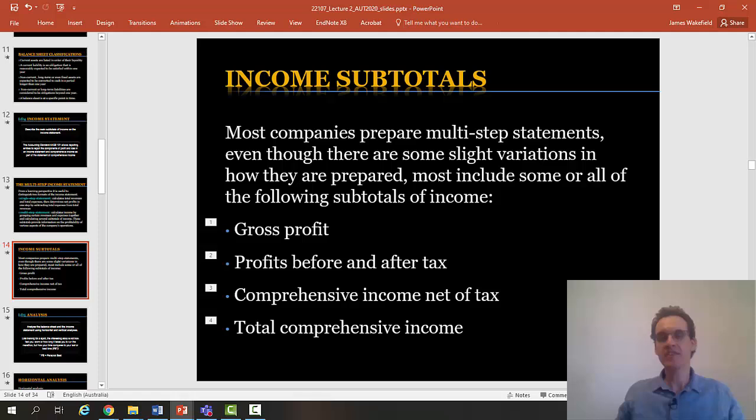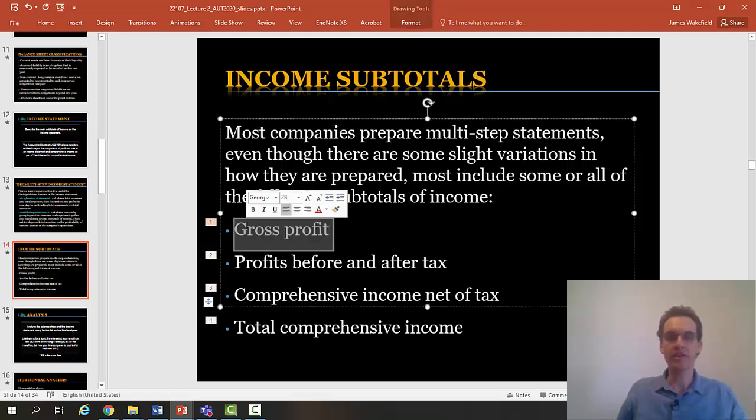This is what we call gross profit. Gross profit is basically your total sales revenue, that is from selling inventory items, minus what we call the cost of goods sold, which is the cost of all the inventory and bringing that inventory to a condition ready for sale. And I'll talk more about what that means shortly.